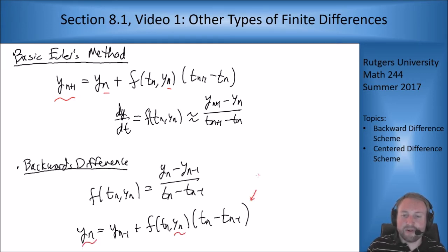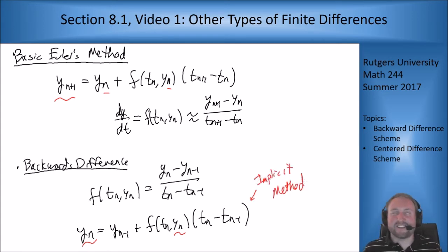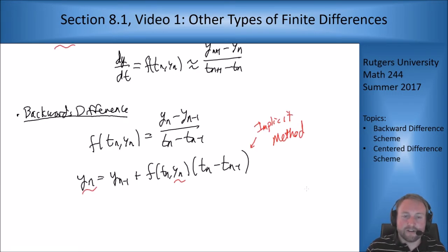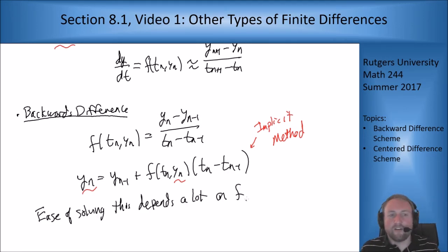So this is an implicit method, because it doesn't solve for y_n explicitly in terms of y_{n-1}. y_n is on both sides of the equation, and it's inside the function f. So the ease of solving this depends a lot on the function f. You can usually get computers to solve it for you, using some sort of system of equations solution that the computer is more than willing to do pretty quickly. Doing it by hand, though, depends a lot on the function f itself, whether or not you can actually solve this.